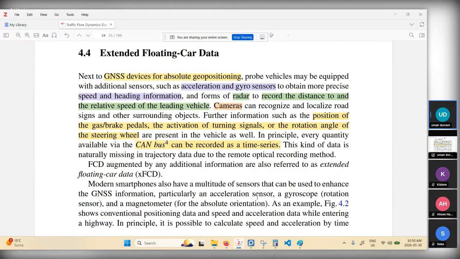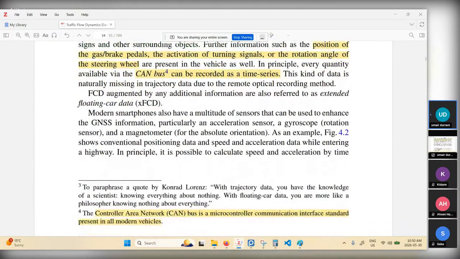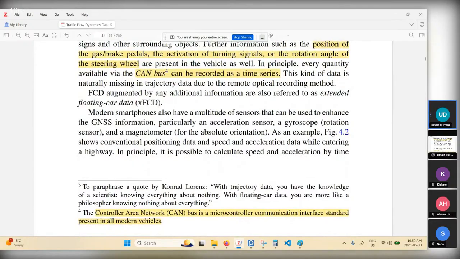We can also get further information, for example, position of the gas or brake pedals, activation of the turning signals, rotation angle of the steering wheel, and a lot more data using the CAN bus algorithm. So CAN bus is actually not an algorithm, it's a communication interface, I highlighted here in the footnote.